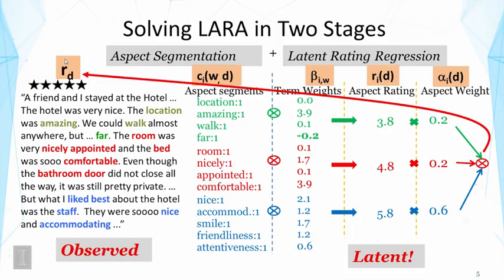But if we can uncover these parameters, that would be nice, because R sub I of D is precisely the aspect ratings that we want to get. And these are decomposed ratings on different aspects. Alpha sub I of D is precisely the aspect weights that we hope to get. As a byproduct, we also get the beta vector, and these are the aspect-specific sentiment weights of words.